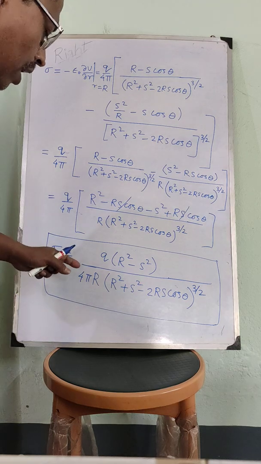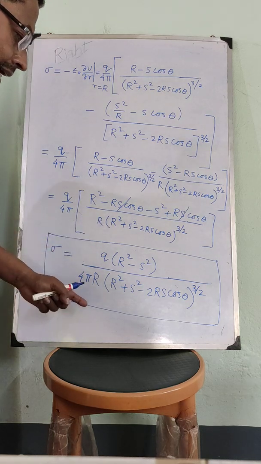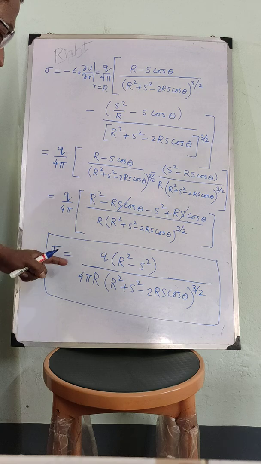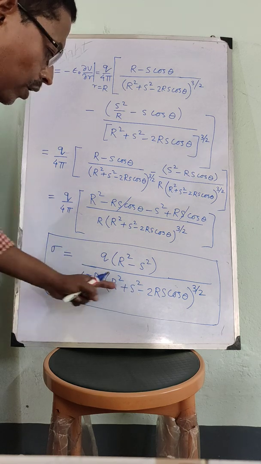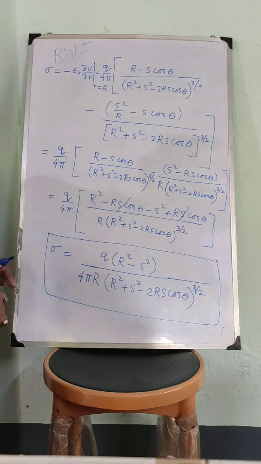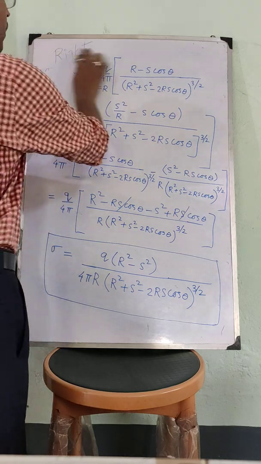Okay. So now we will calculate the net induced charge. To calculate the net induced charge, I have to integrate this quantity over the entire surface of the conducting sphere.